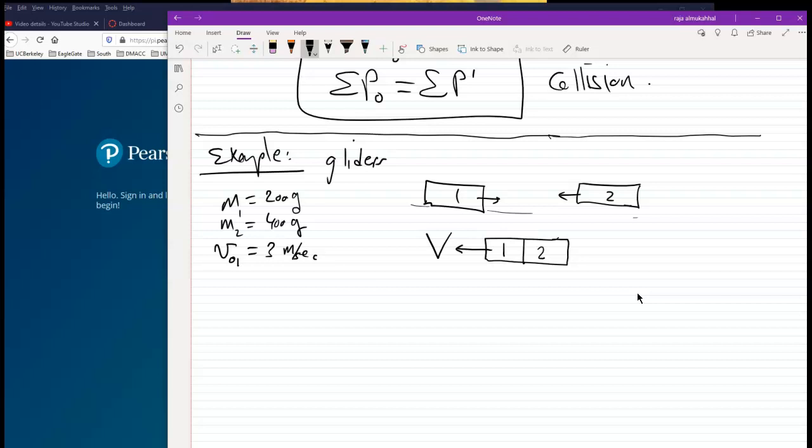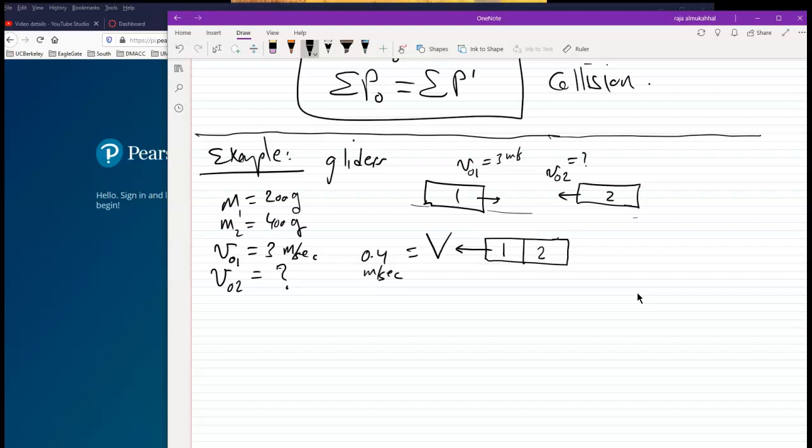We have the velocity of glider 2 before... sorry, this is not given to us. So V02 is not given to us. V01 is given to us, it's 3 meters per second. This one is unknown, but the common velocity is given to us, and it's equal to 0.4.